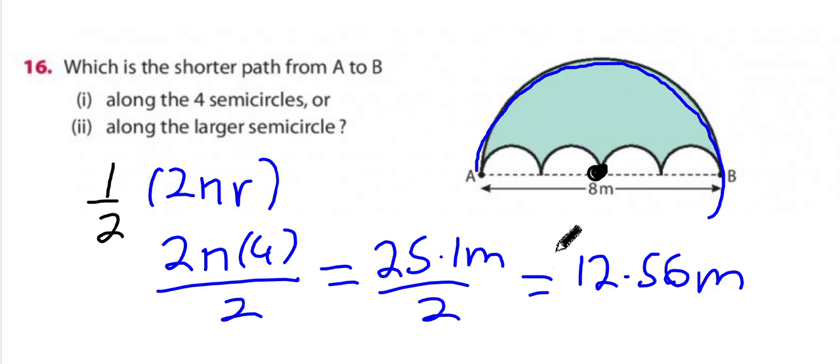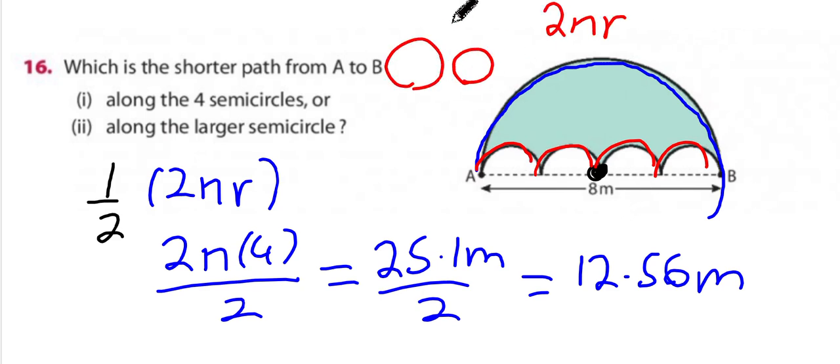Now, the red one, however, is 2 half circles, which is there. Another 2 half circles. Would you all agree with 2 full circles? And each circle is 2 pi r plus another 2 pi r, 4 pi r. However, the r value is different. We can break these up into 2's, can't we?